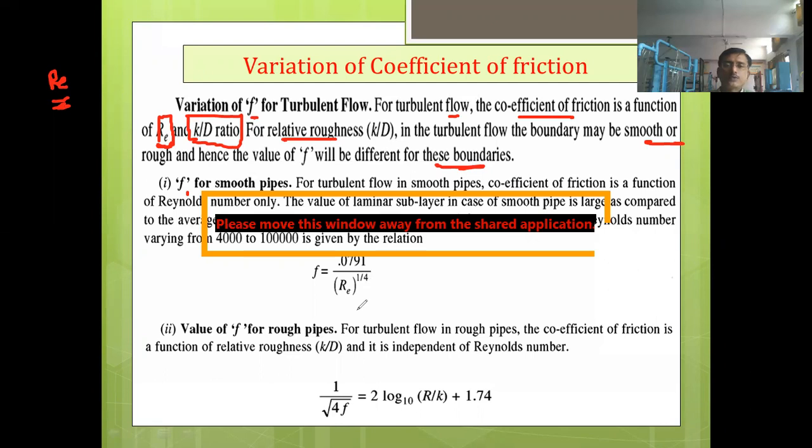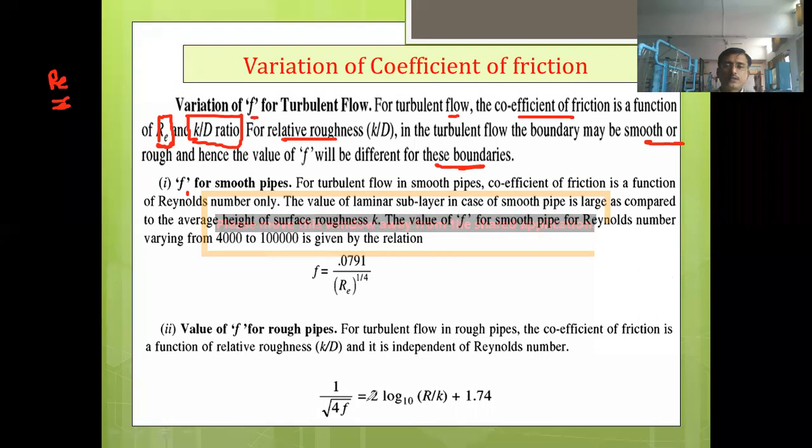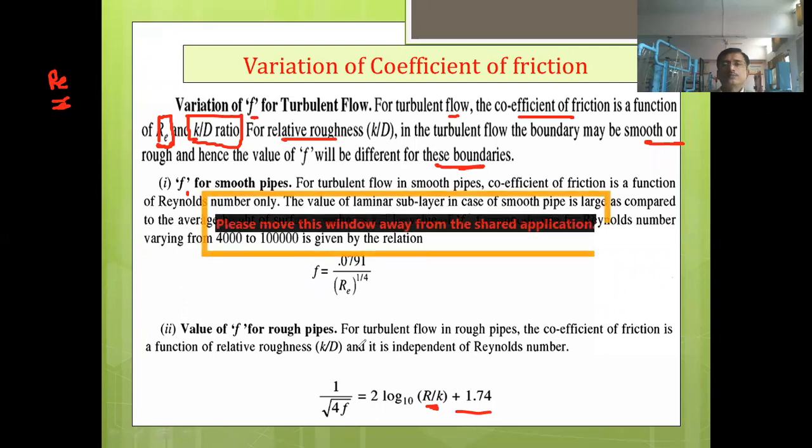This is the expression for smooth boundary. For the rough boundary, the expression is given as 1 upon under root of 4f is equal to 2 log10 R by k plus 1.74. So these equations we should note down in your notebook. Okay.